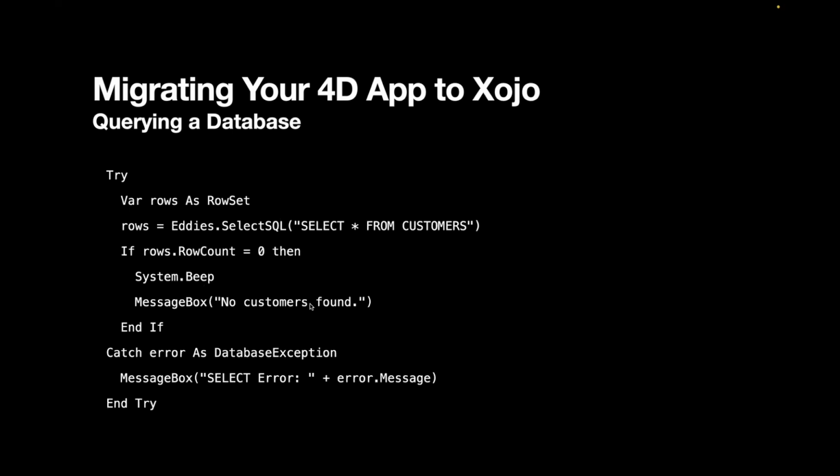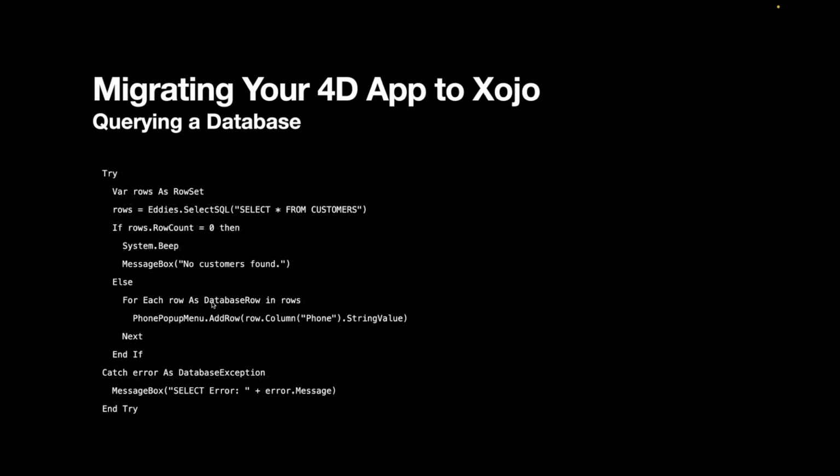That's easy enough. But what if we want to process the rows? All right, so let's go a little deeper. If the row count is not 0, it's going to drop down to else. And we have a for loop. Now, I don't know if there's a for loop like this in 4D. We have traditional for i type loops, but this is a for each loop where you can define a variable, and then for classes that support it, it just auto-populates the variable for you.